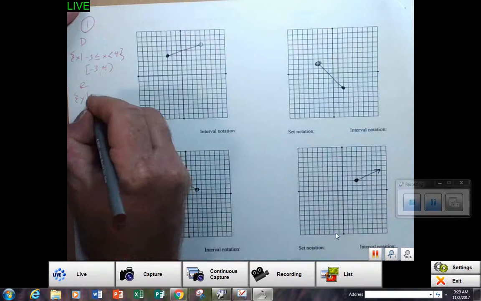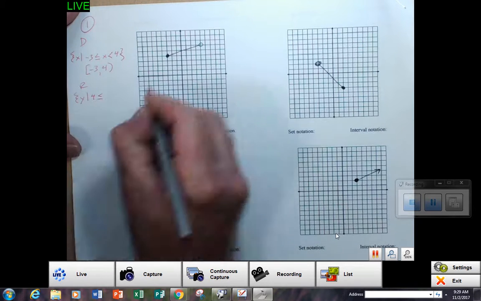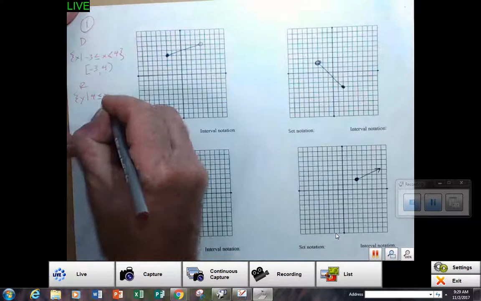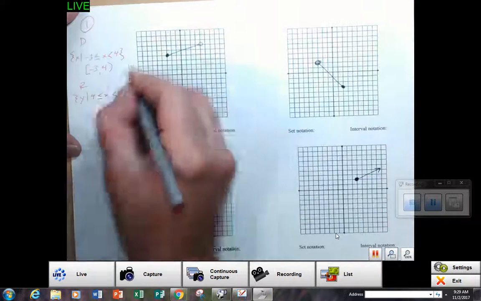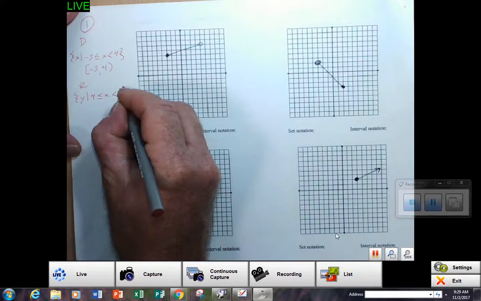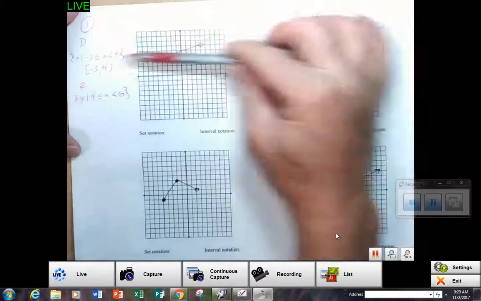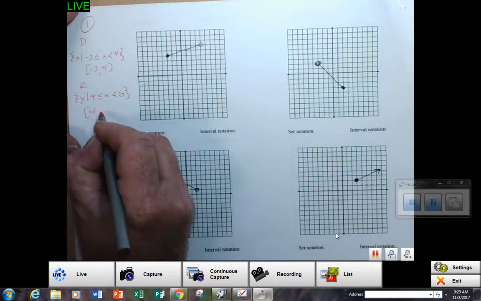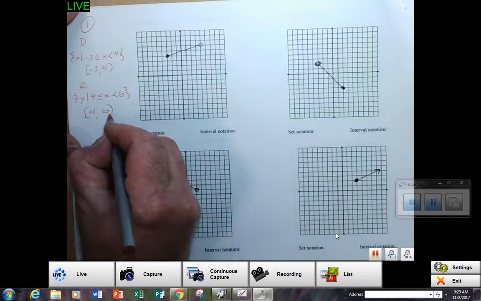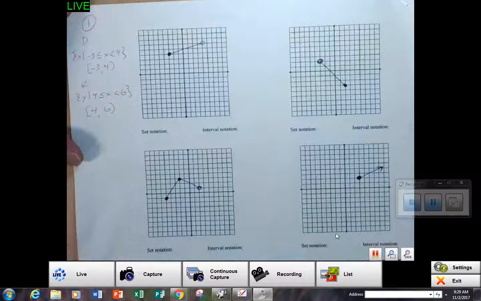So I put a 4 right here, less than or equal to, the equal line in there because of that dot, put my y in the middle, a less than because of this open circle right here, up to 6. So that is from 4 up to 6. In interval notation, square bracket 4, comma, rounded bracket 6, from 4 to 6. That is my domain and range for that graph.